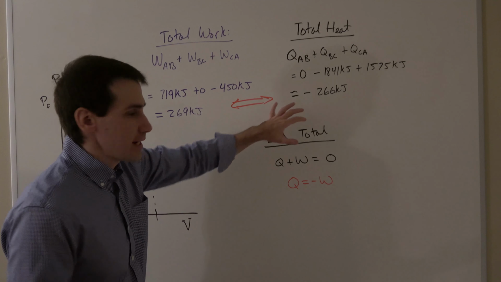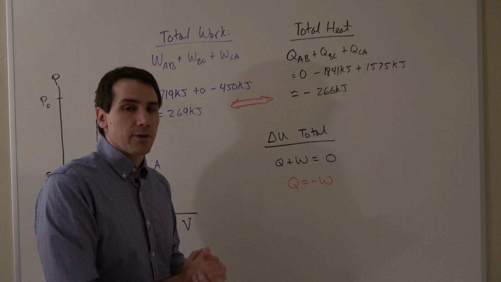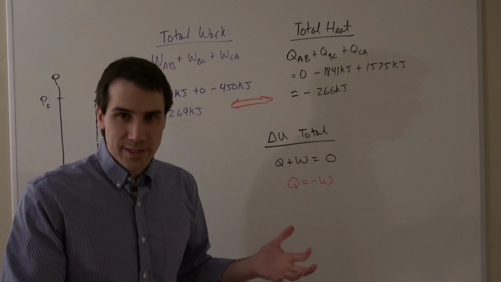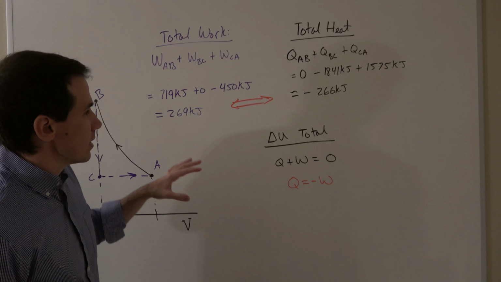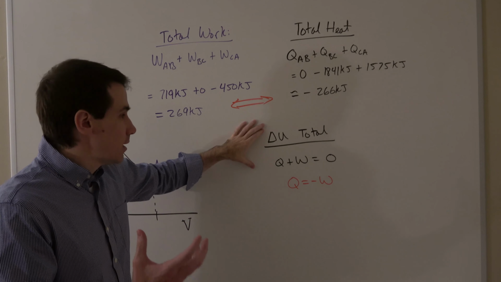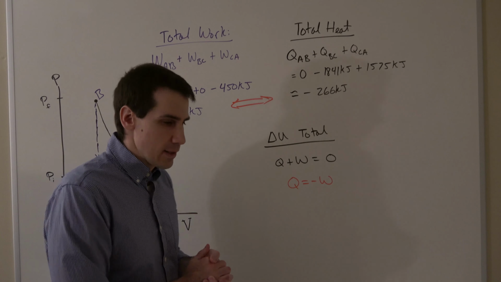We end up with a slight difference here. But if you actually keep every single decimal throughout the entire calculation, those will come out to be the same. And physics tells us that they need to be the same. Okay, so just some slight rounding errors there. But we do find that the total change in the energy for the full cycle comes out to be 0.